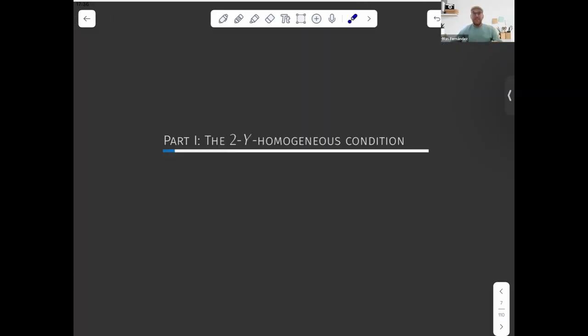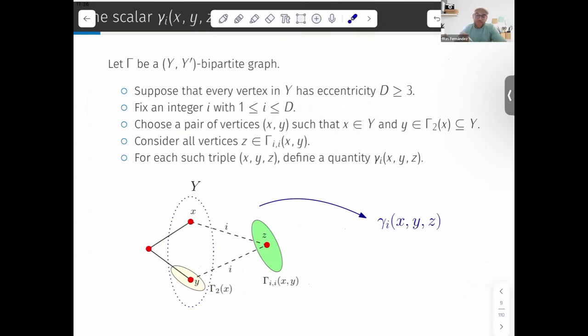Let's start with the definition of our combinatorial property that we call the 2-homogeneous condition. In order to understand this property, we first need to define an important scalar that we will compute using vertices of our graph. We have a bipartite graph gamma with parts Y and Y prime.